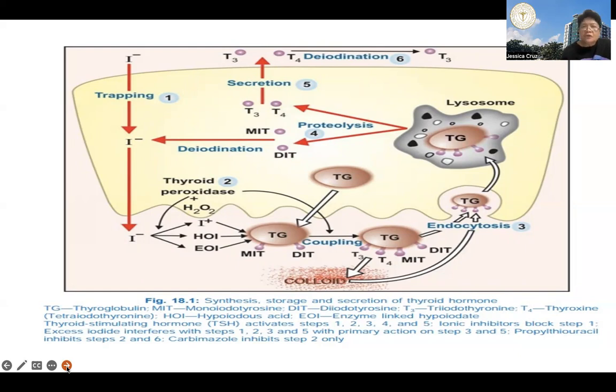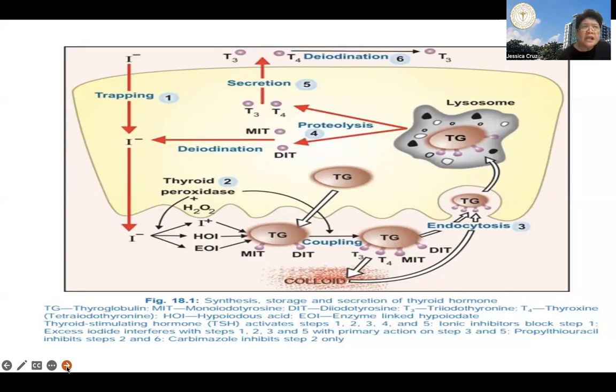Now, the iodide molecule is then brought into the apical cell membrane where there is a second transport protein, which we call pendrin. Pendrin will now control the flow of iodide across the membrane. Pendrin is also produced in the inner ear, the cochlea.